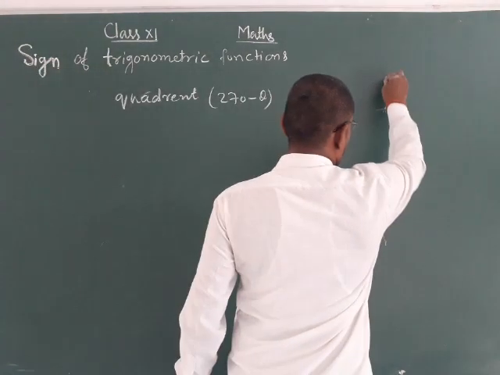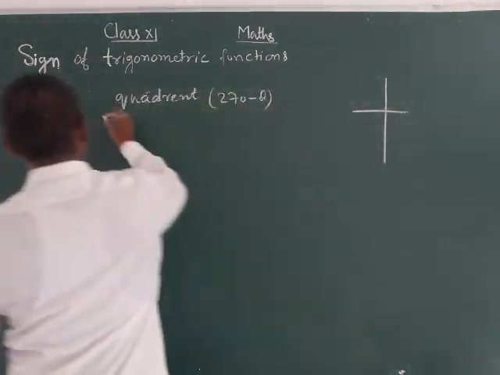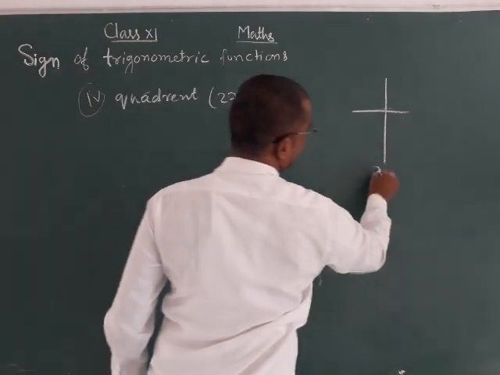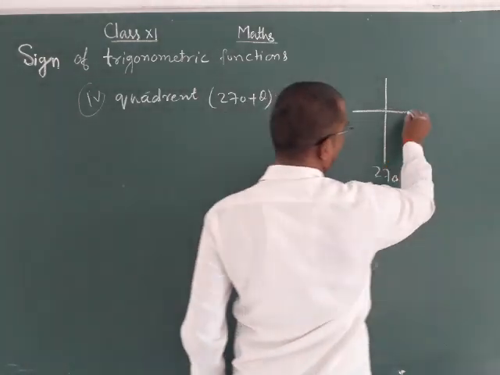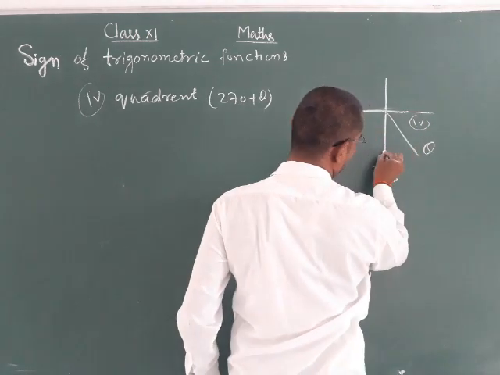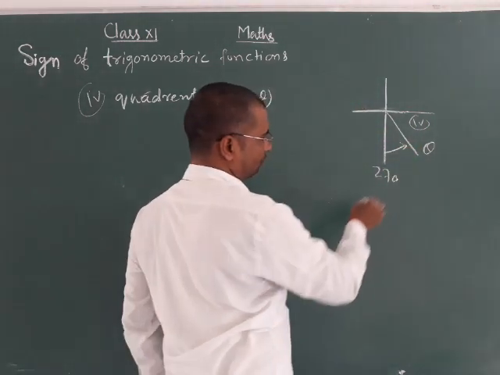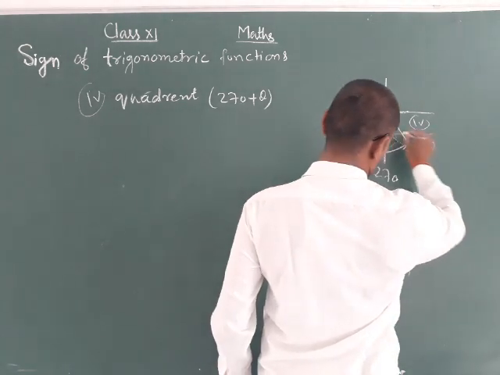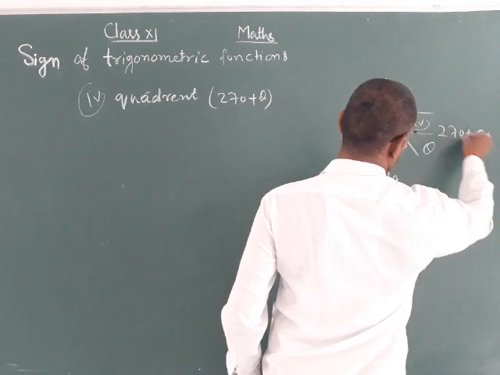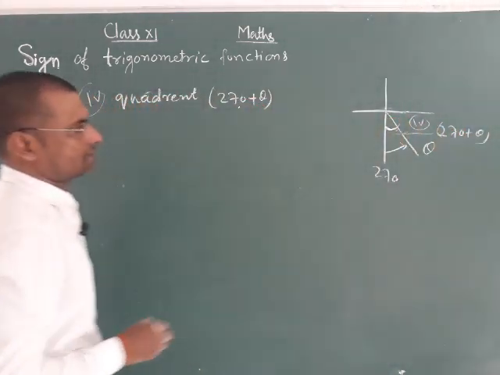Now the fourth quadrant. This is the 270 angle, and in the fourth quadrant, make theta clockwise, so 270 plus theta.